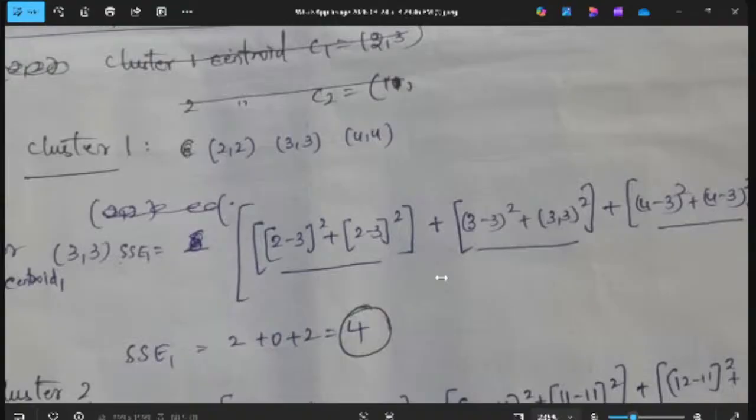Now for this data point, (2 minus 3) whole square; 3 minus 2 or 2 minus 3 is the same. So (2 minus 3) whole square plus (2 minus 3) whole square. This data point is finished. Plus for the second data point, (3 minus 3) whole square plus (3 minus 3) whole square plus (4 minus 3) whole square plus (4 minus 3) whole square. You have to write the answer.